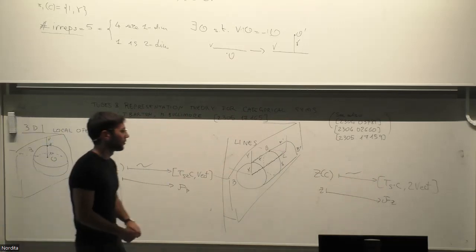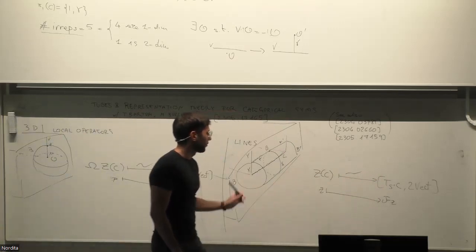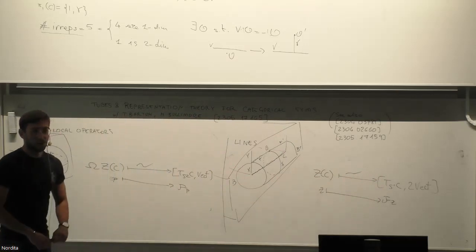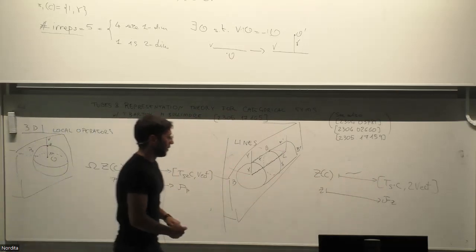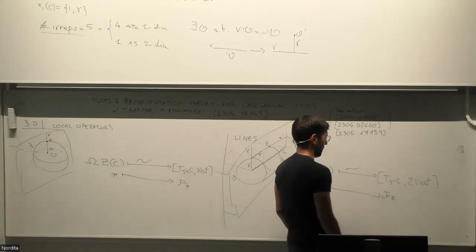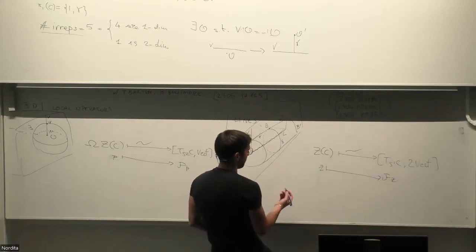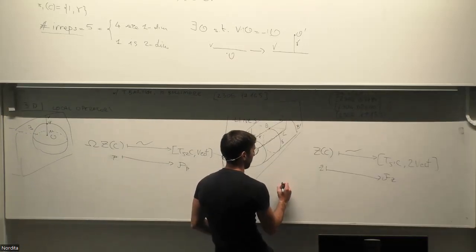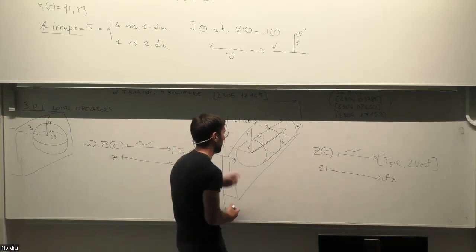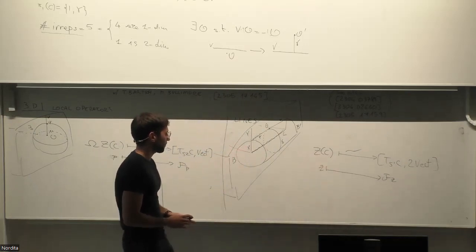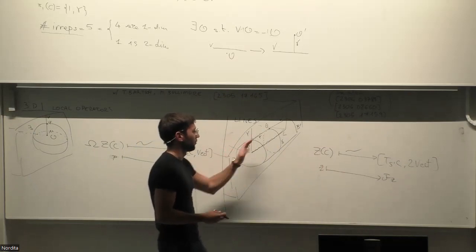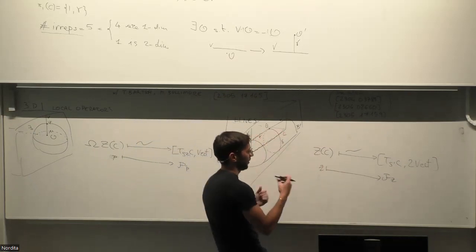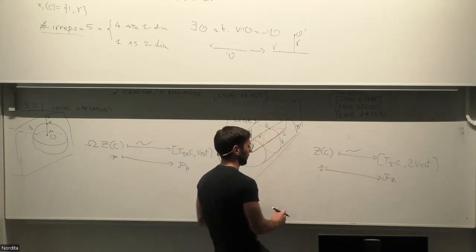And this can be very useful, for example, to work out whether the lines have an anomaly or not, because it's pretty natural to claim that at this point, we can understand the fact that lines might have a non-trivial representation as being charged under some particular symmetry.